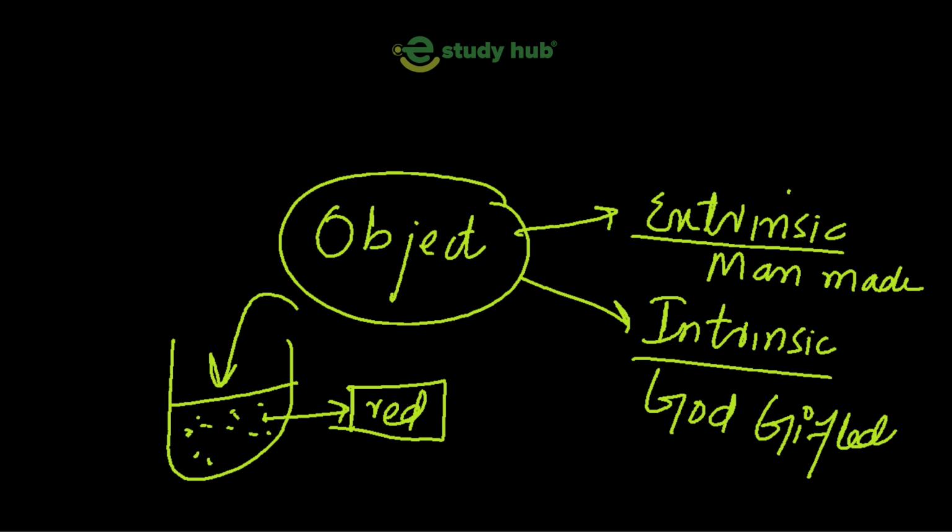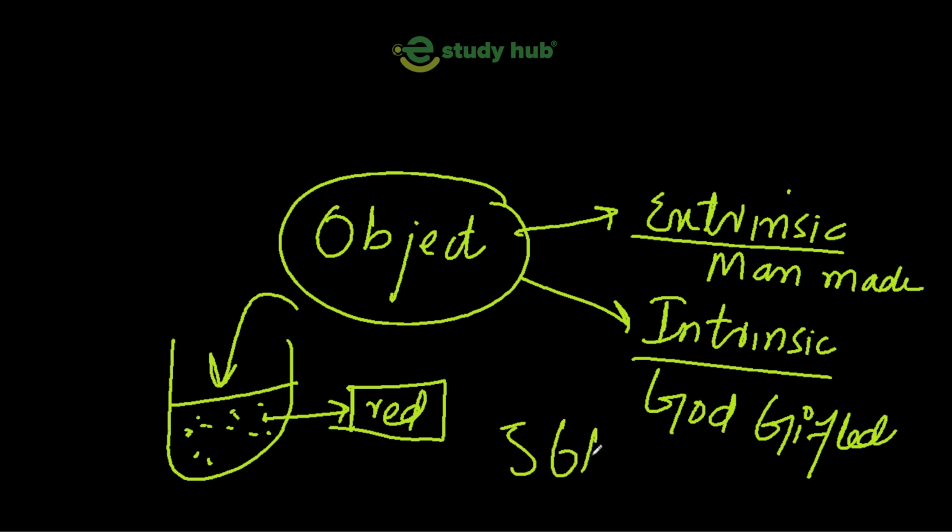Now the property of having a red color with water is not an intrinsic property, but an extrinsic property, a man-made property. As a human, I add something into water and change its color to red.